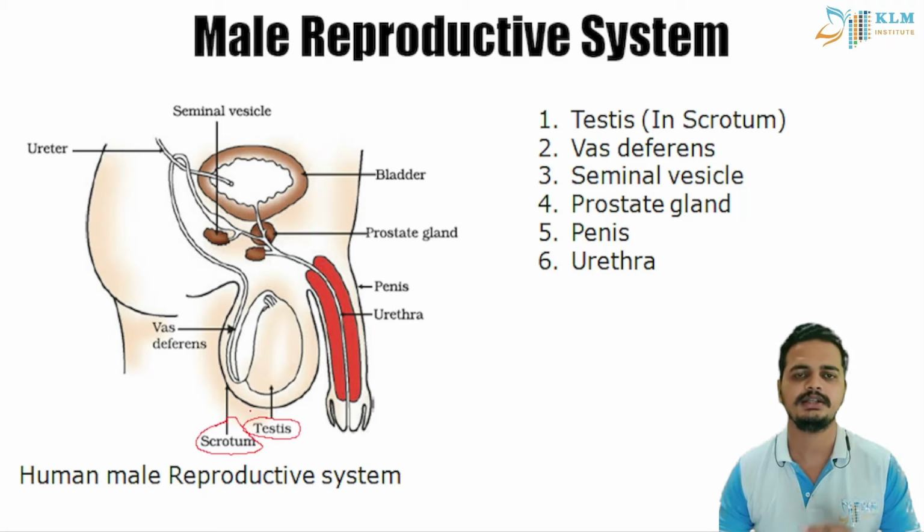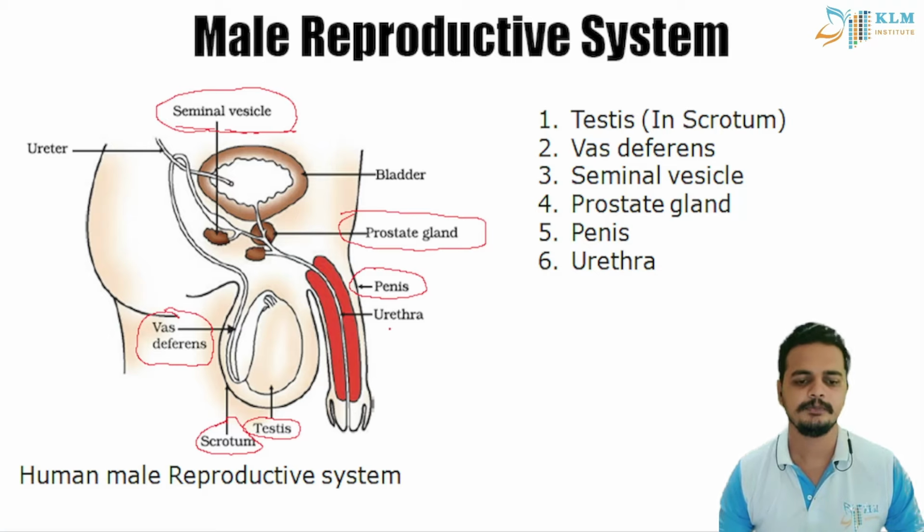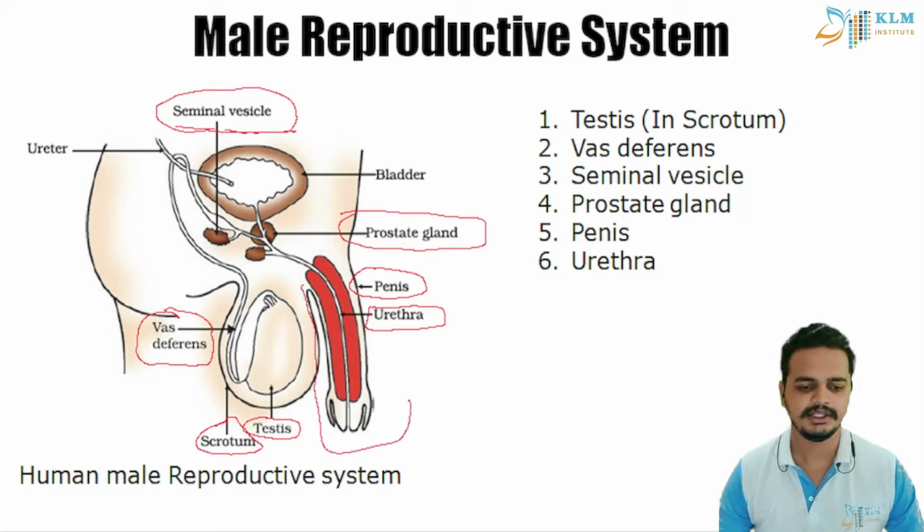outside the body temperature. Next, we can see a duct known as vas deferens, and it also has seminal vesicle, a gland, and also the prostate gland. The exit of urine and the sperm happens through the urethra, which is enclosed by the penis.